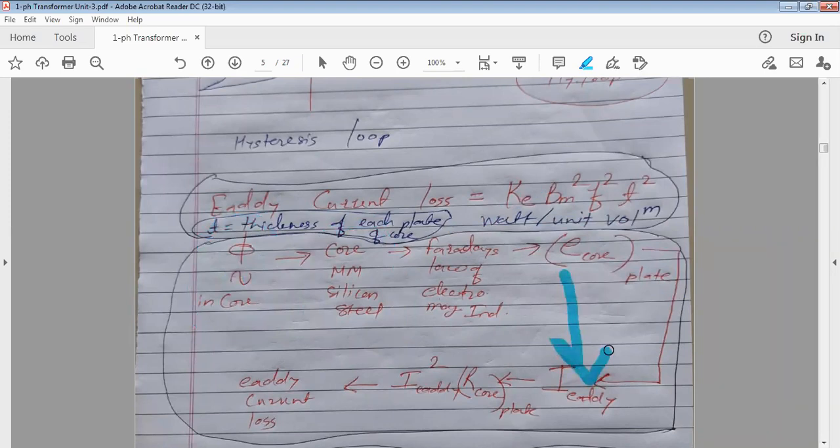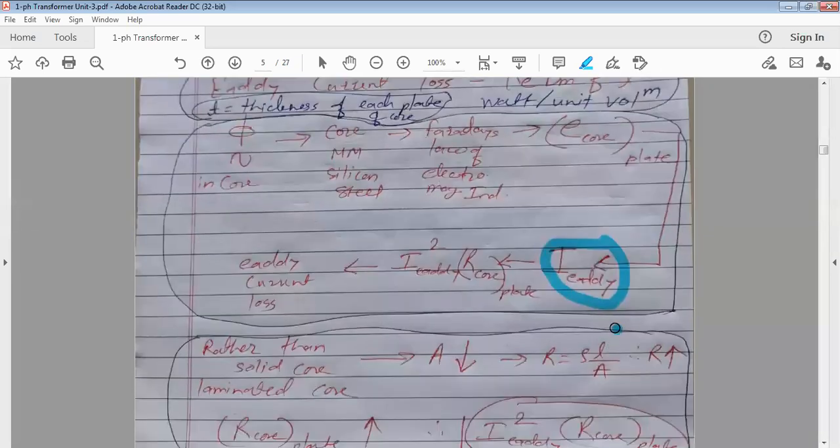Between every adjacent plate, varnish is there. That's why the current flowing through one plate will not flow through the adjacent plate. What you have done here is minimized the cross-sectional area. We know the resistance formula, R equals rho L by A. We are using a laminated core and not a solid core.